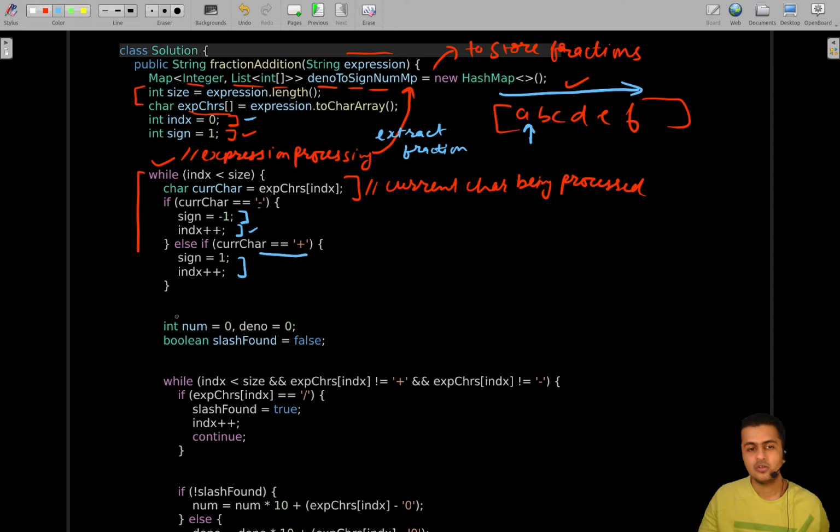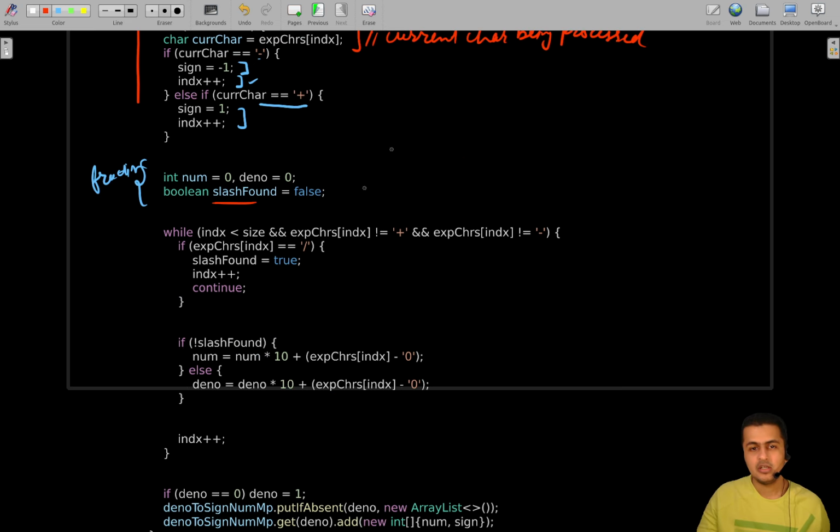Okay, then you will start to form your denominator and numerator. So in this part you will be forming your fraction. And this slashFound is the variable I was talking about. Whenever a slash is encountered, from that point forward you will be forming your denominator, and before that point you will be forming your numerator.